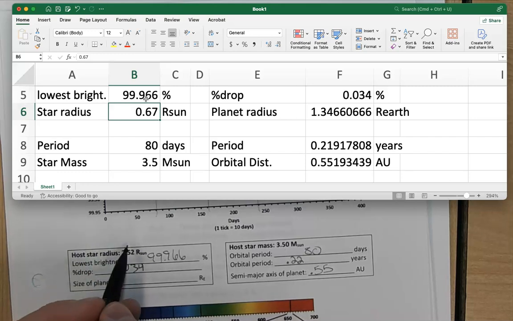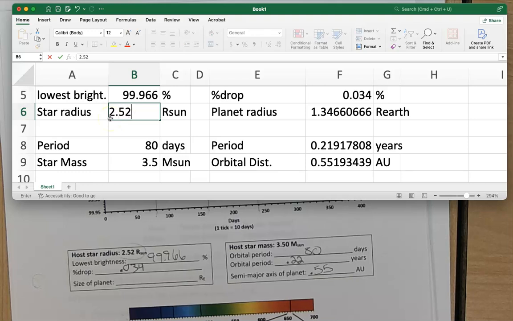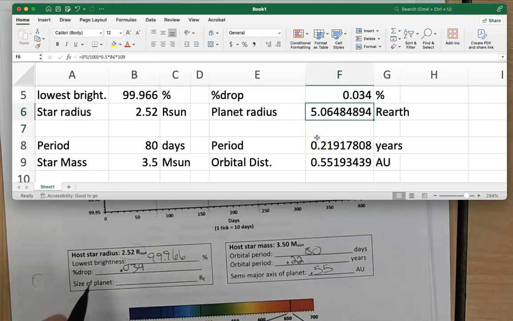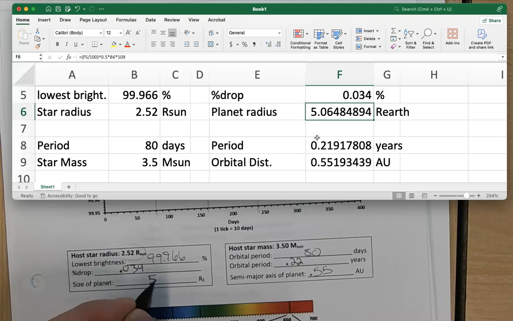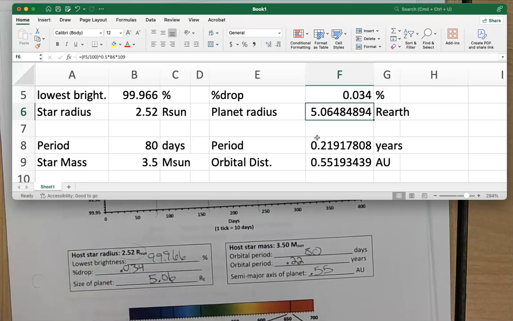And if the star's radius is 2.52 solar radii, then the planet must have a radius of 5.06 Earth radii.